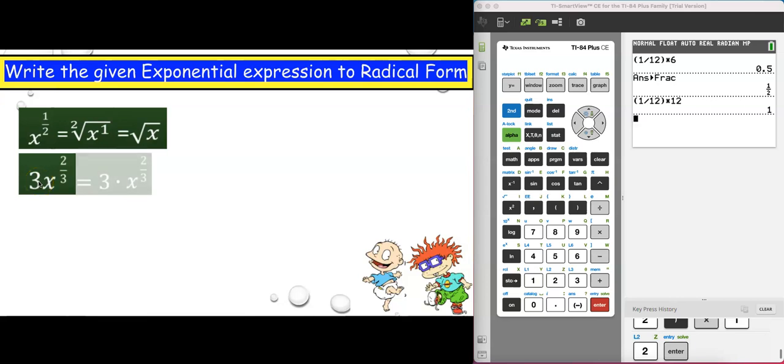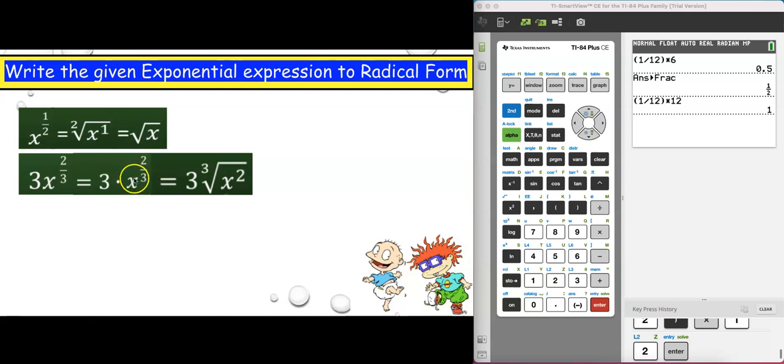So when I simplify this, the exponent is not affecting the 3, so the 3 doesn't go under the radical at all. Because the 3 is multiplying the x, we're still going to have it multiplying the x, because the two forms mean the same thing.